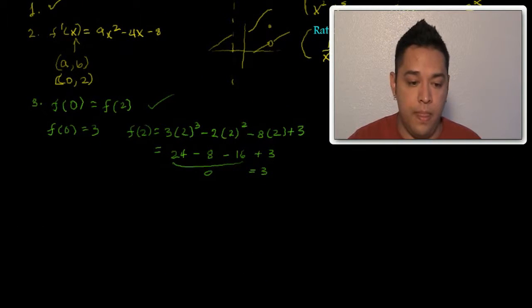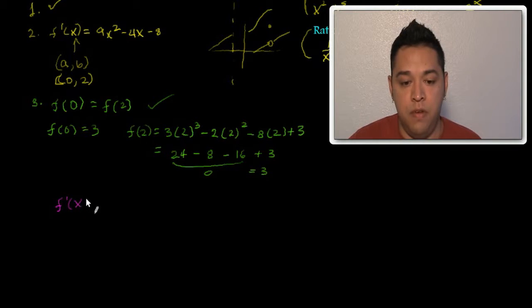So what we're going to do is, what's the first derivative? f prime of x is equal to 9x squared minus 4x minus 8.